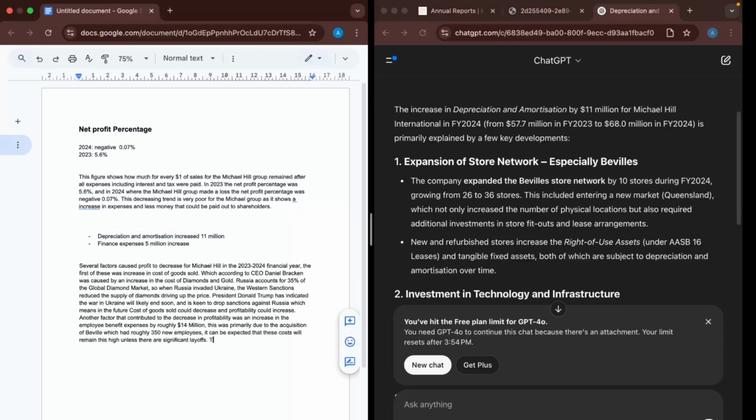Additionally, depreciation and amortization increased by roughly 11 million.